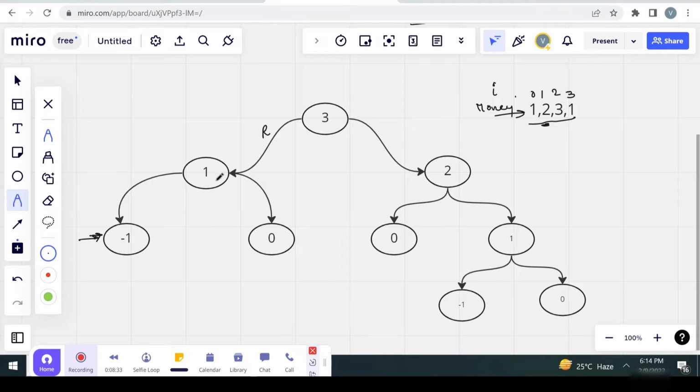If I don't rob the house at index 1, I can rob house 0. So this will be rob and no rob.